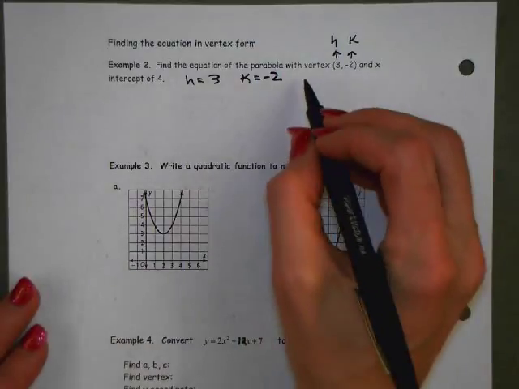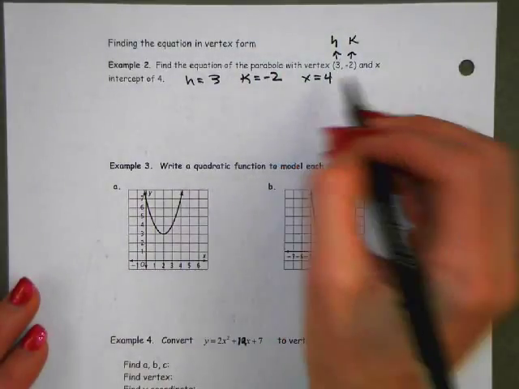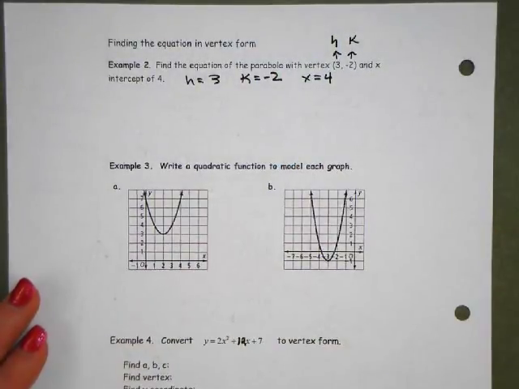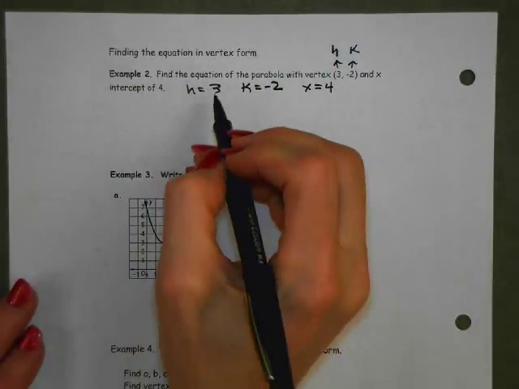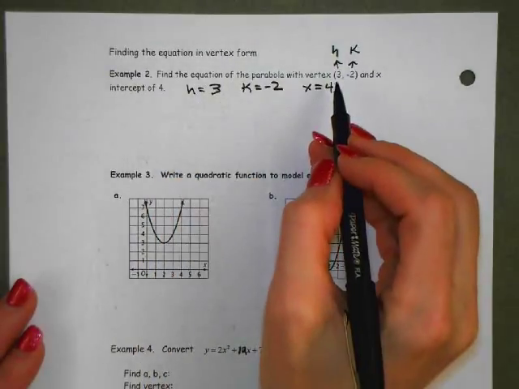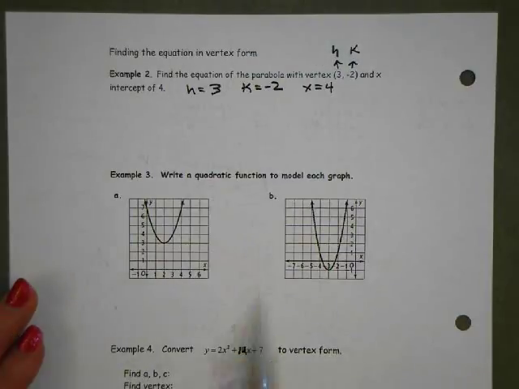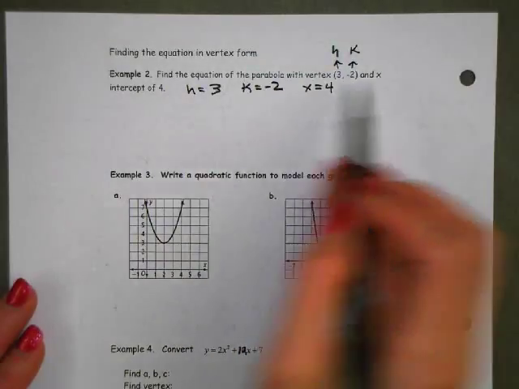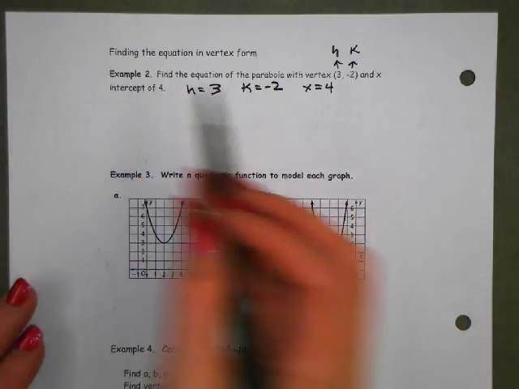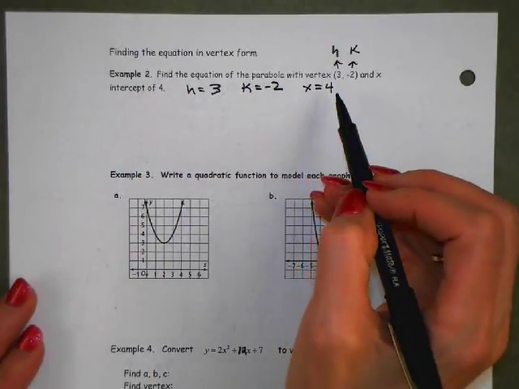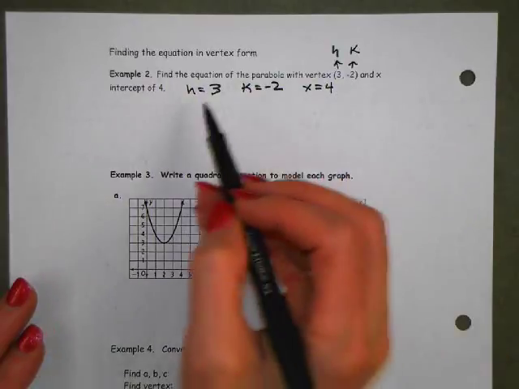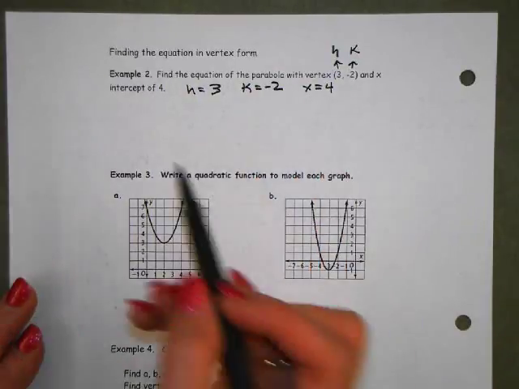And I know that x equals 4. When h equals 3, we're going to plug it into the equation, which will make it negative. Okay? Right. So when it says x-intercept of 4, it means x equals 4, right? That's what an x-intercept is.